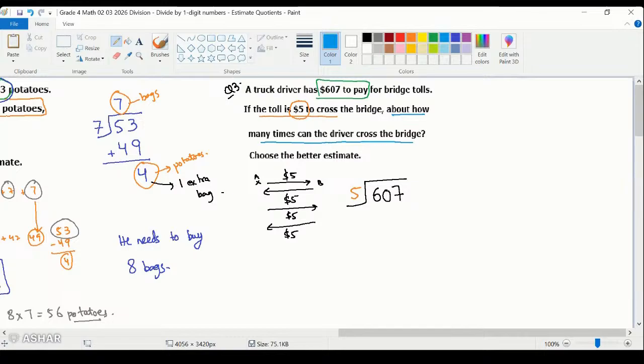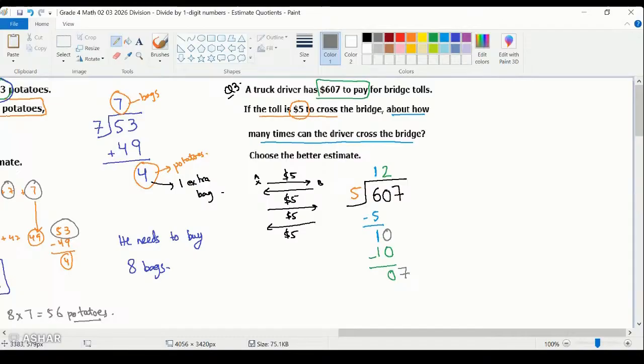5 times 1 is 5. We subtract 6 minus 5 is 1. We bring down the 0. 5 times 2 is 10. We are left with a 0. We bring down the 7, right?